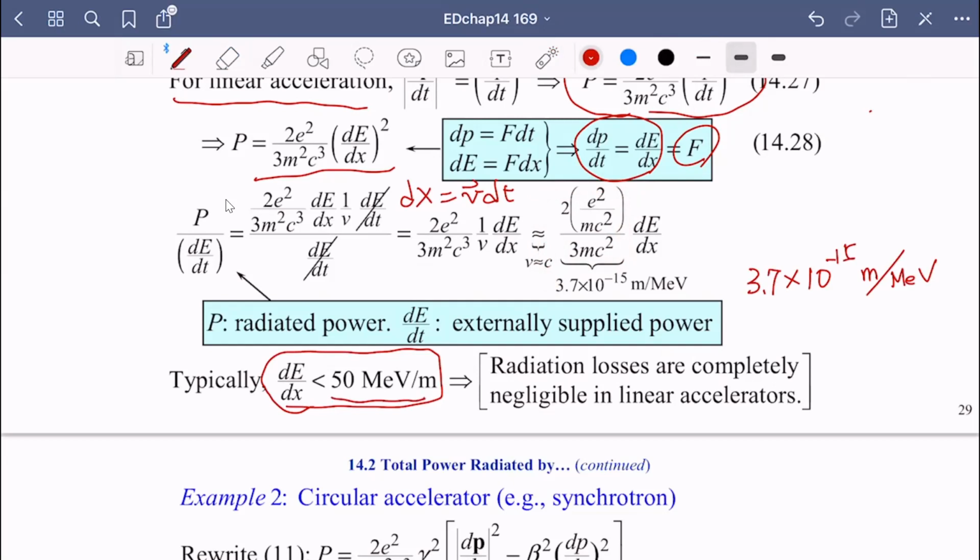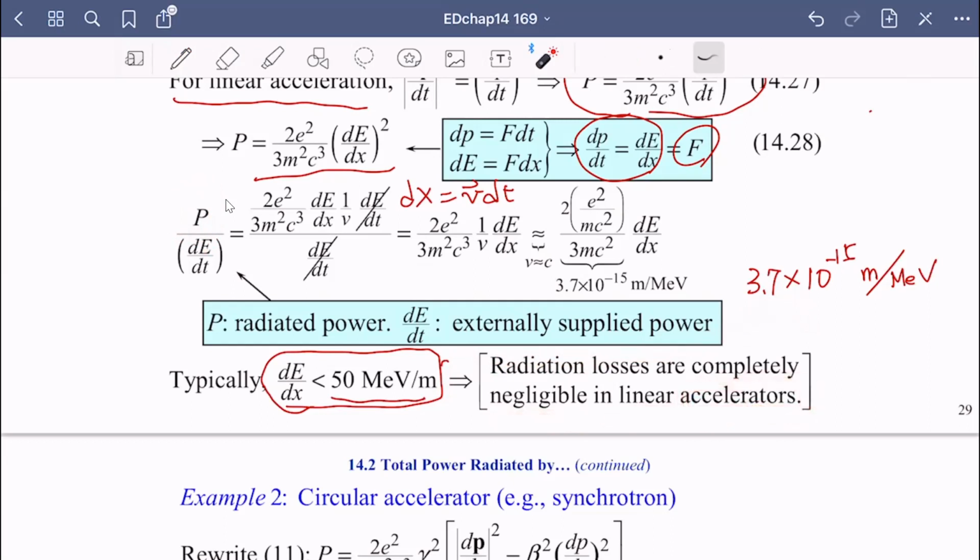Length, this one times this one. So the radiated power will be very, very small. It's negligible in linear accelerators.